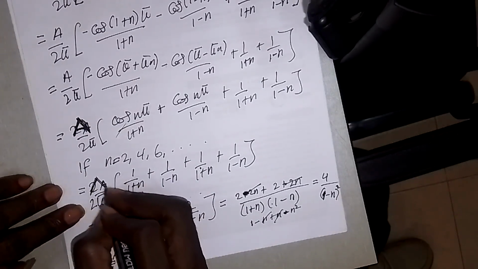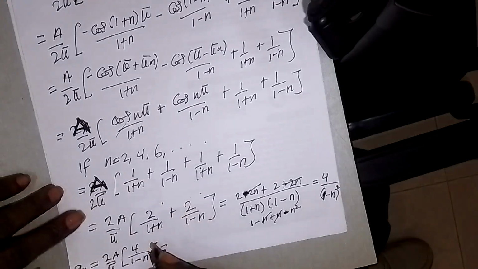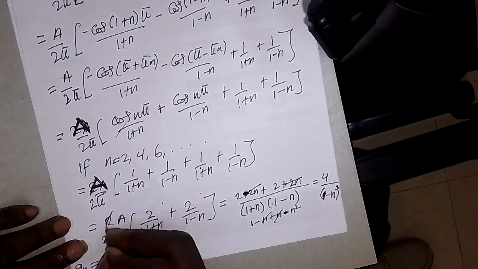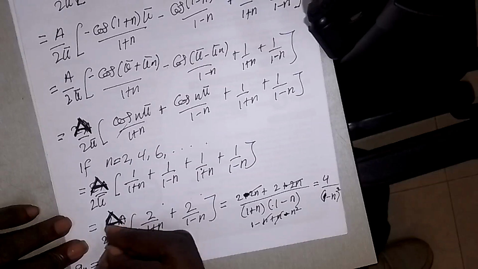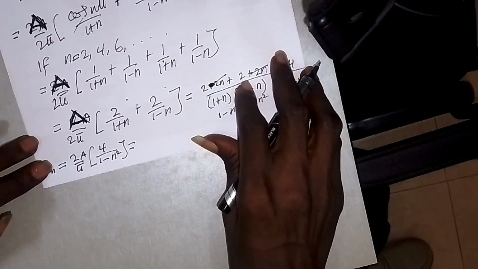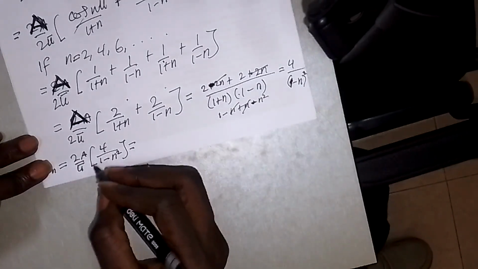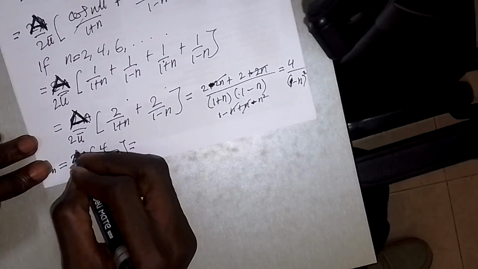That was a mistake. Here also 2 pi. So it's going to be a on 2 pi. Alright. So now here, when I get here, here also is going to be a.